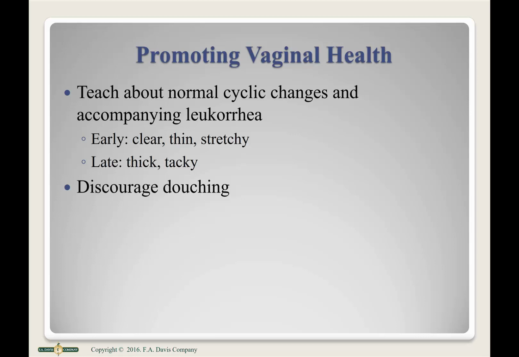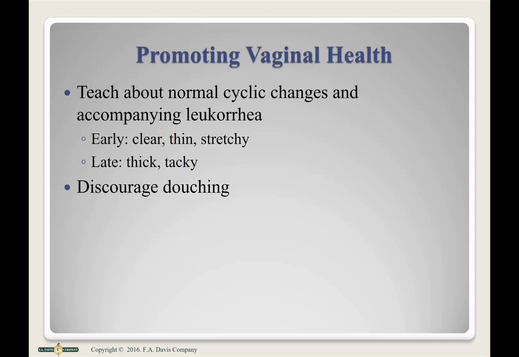So we do want to teach our patients about normal vaginal health, because this vaginal discharge, normal leukorrhea, can be bothersome to some people, and they might think that there's a problem, and then they might do something like douching. So we want to teach them about the normal vaginal discharge. And if they're not having this normal vaginal discharge, that is also a key indication that there might be a problem.